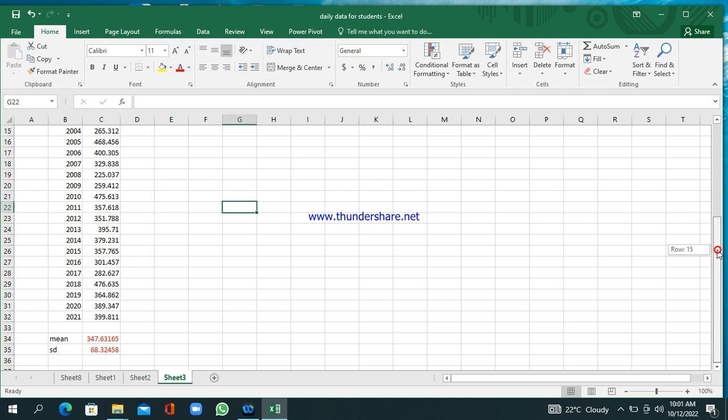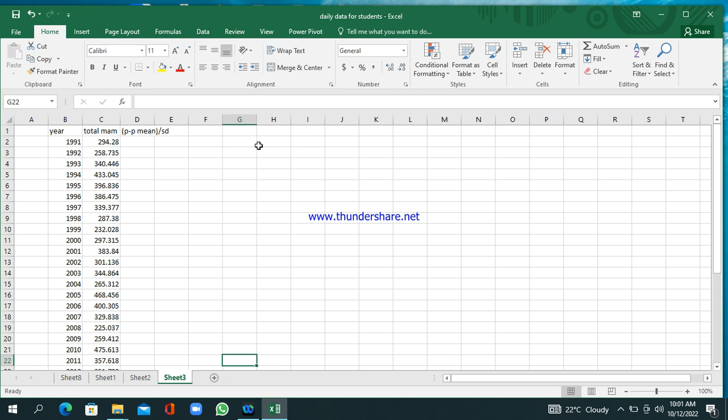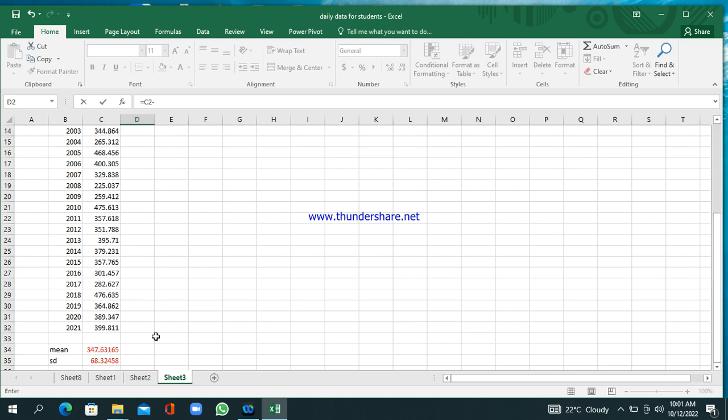Now go to our formula. So here, equal sign, this minus mean is this one. But the mean should be closed by dollar, because it is constant. So I close it by dollar. What is dollar?